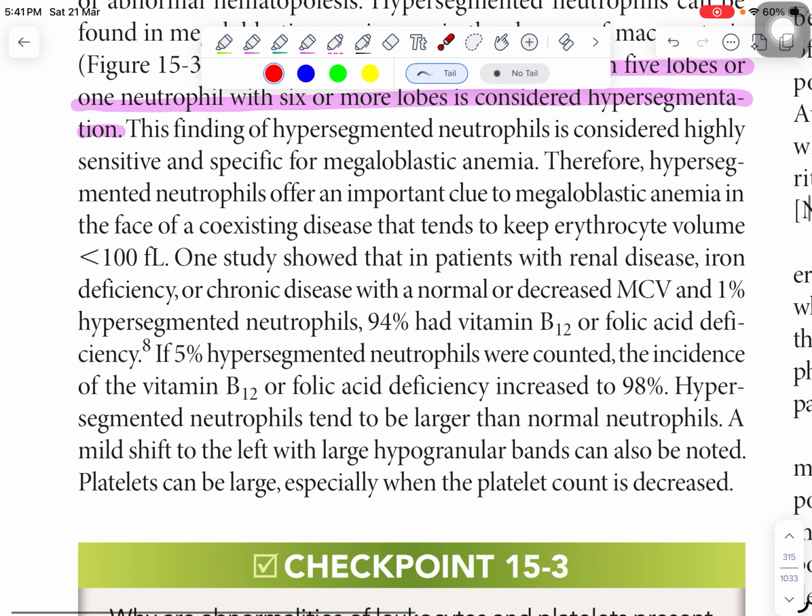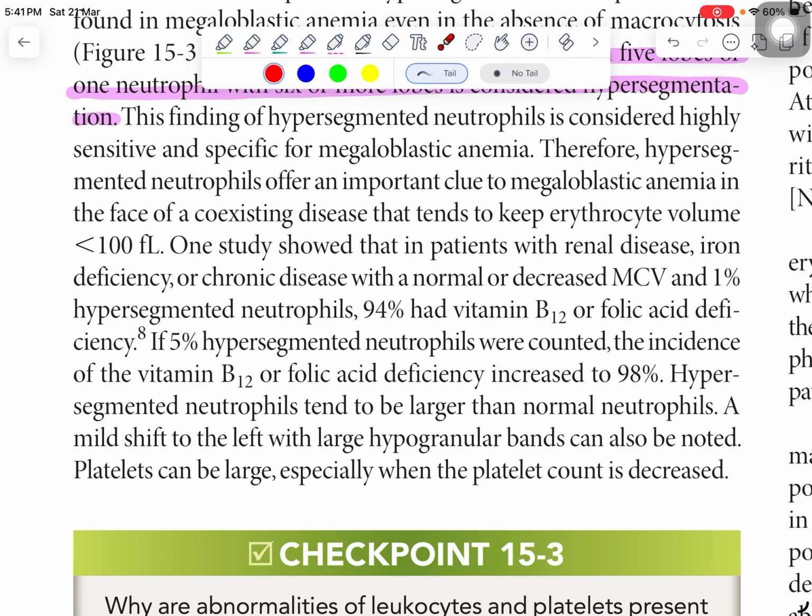This finding of hypersegmented neutrophils is considered highly sensitive and specific for megaloblastic anemia. Therefore, hypersegmented neutrophils offer an important clue to megaloblastic anemia in the face of coexisting disease that tends to keep erythrocyte volume less than 100 femtoliter.